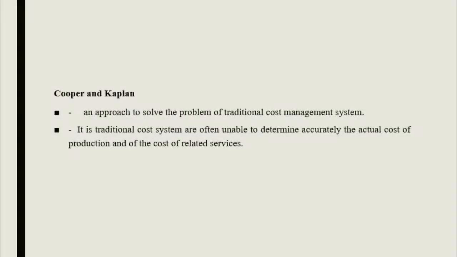Next, Cooper and Kaplan described ABC as an approach to solve the problem of the traditional cost management system. Traditional cost systems are often unable to accurately determine the actual cost of production and related services.